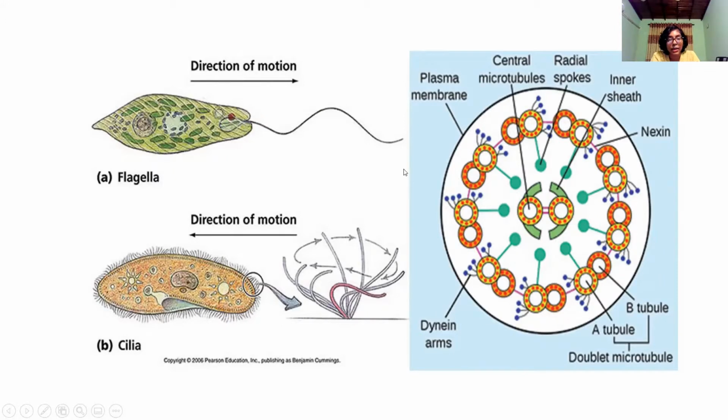Flagella, where you can find in human cells, is actually the sperm cells. The sperm cells have flagella, so they help in their movement. Cilia can be found in our respiratory epithelium. In our respiratory epithelium, it is actually ciliated pseudostratified columnar epithelium. So there you can find the cilia.